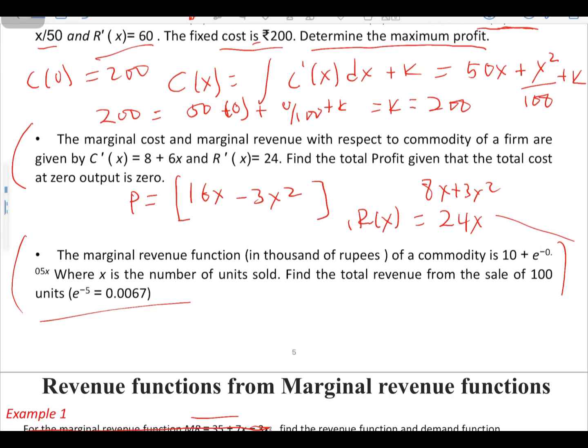And then the last one, that is 10 plus e to the power negative 0.05x, where x is the number of units. So find the total revenue from the sale of 100 units. And we have been given this. This applies to the same thing that we did.